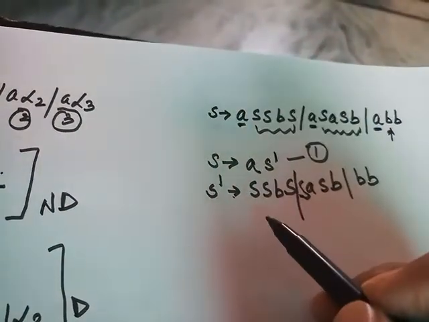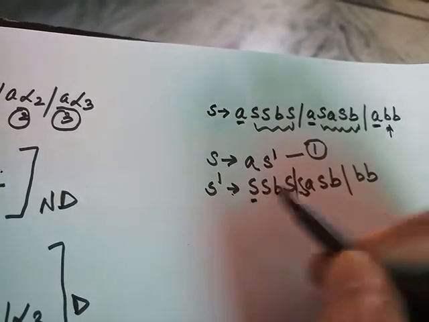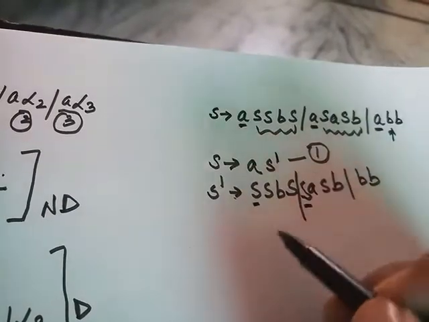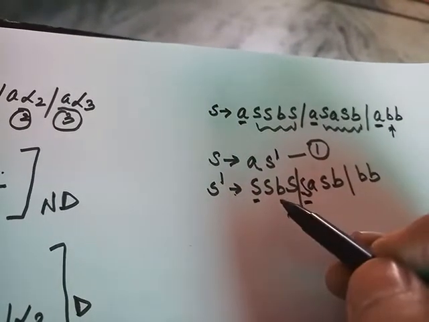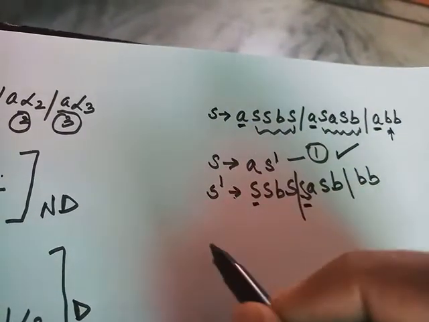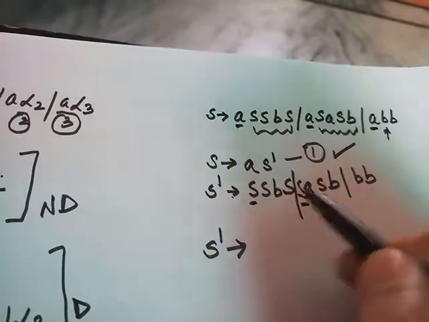Now again if I check here, we have something common, S. So what should I do? Again apply left factoring over here. Now this production is okay. Now if I apply this, S dash can generate what is common in these two?